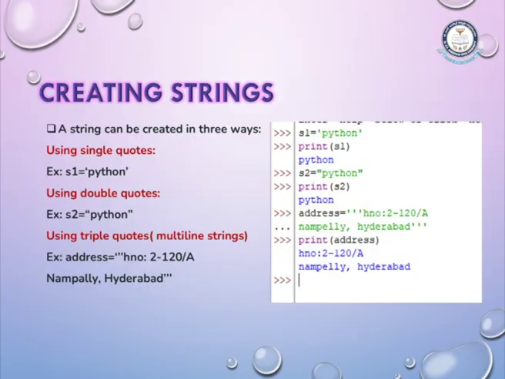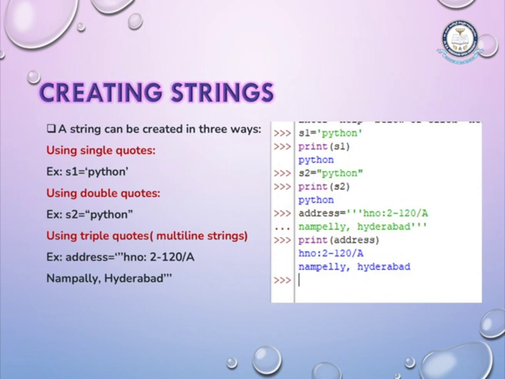Let us see how to create strings. In Python, a string can be created in many ways. A string can be created by using single quotes. That means to create a string, you just enclose the set of characters in a pair of single quotes. For example, we create a string s1 equals 'Python'.